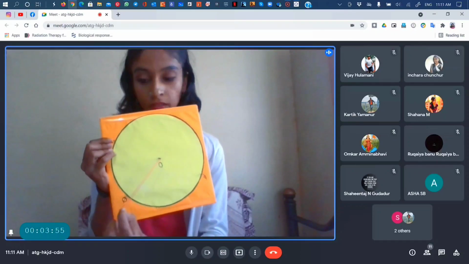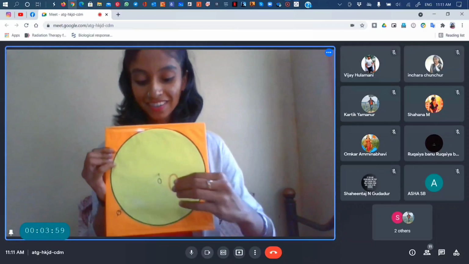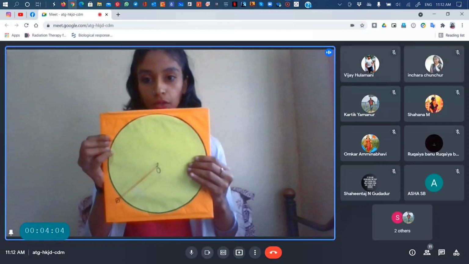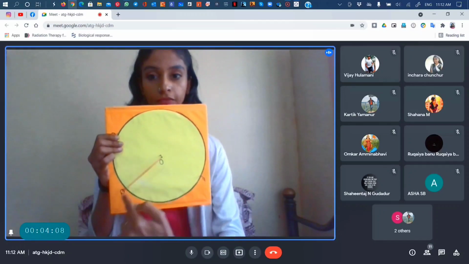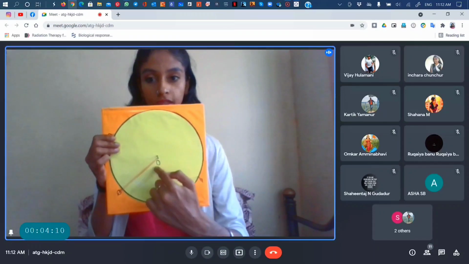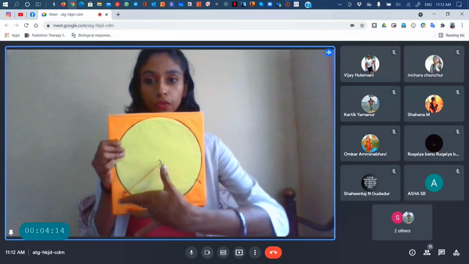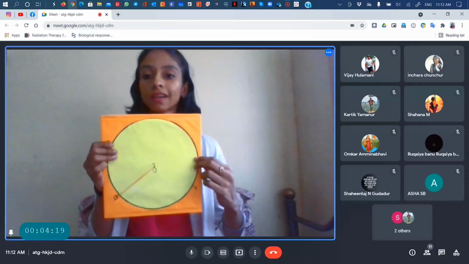This is the circle, and if you keep a band over here, from the center of the circle, the fixed distance that you see here is called the radius of the circle. You use this fixed distance and you draw the circle with the help of the compass.